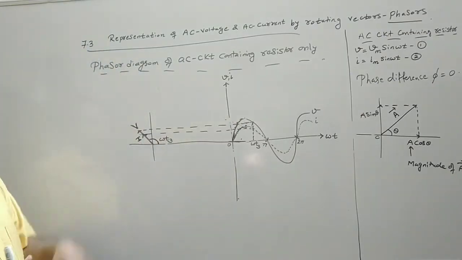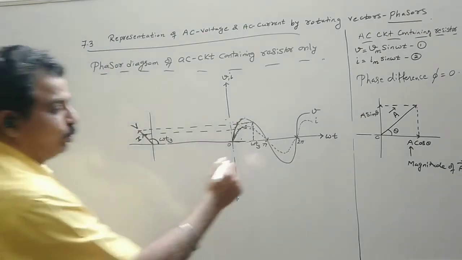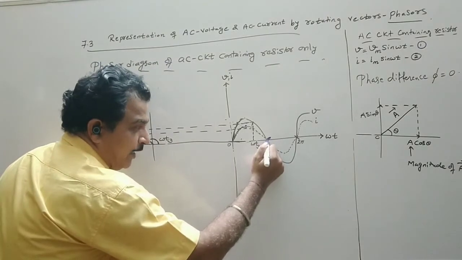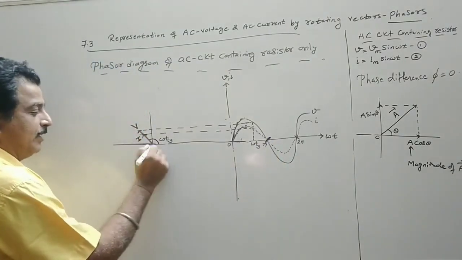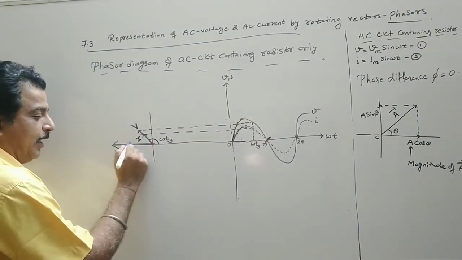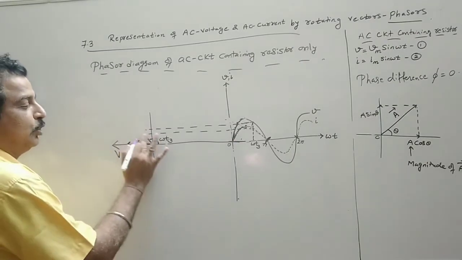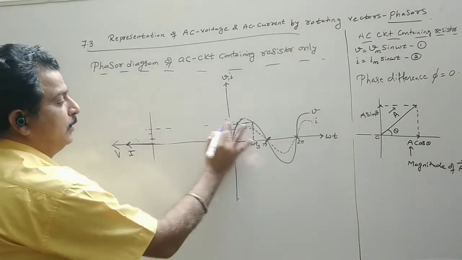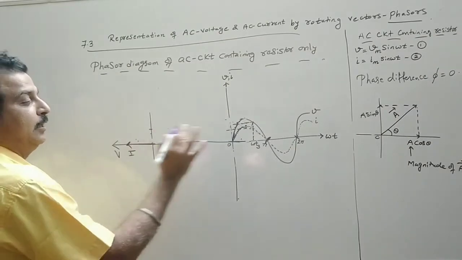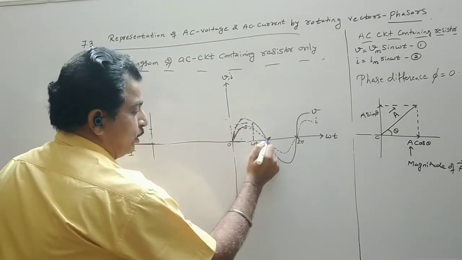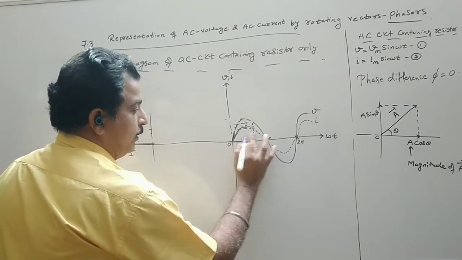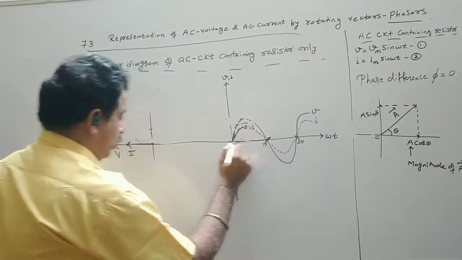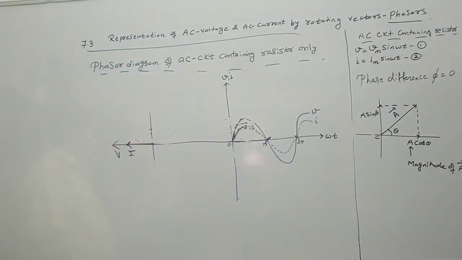So this is the phasor at this time. Suppose I want to draw the phasor at this point. We know this is 180 degrees. So I will draw the phasor at this, capital V and capital I. This will be the situation for the phasor at 180 degrees, because if I drop a perpendicular, if I take a horizontal component, it comes to this line.